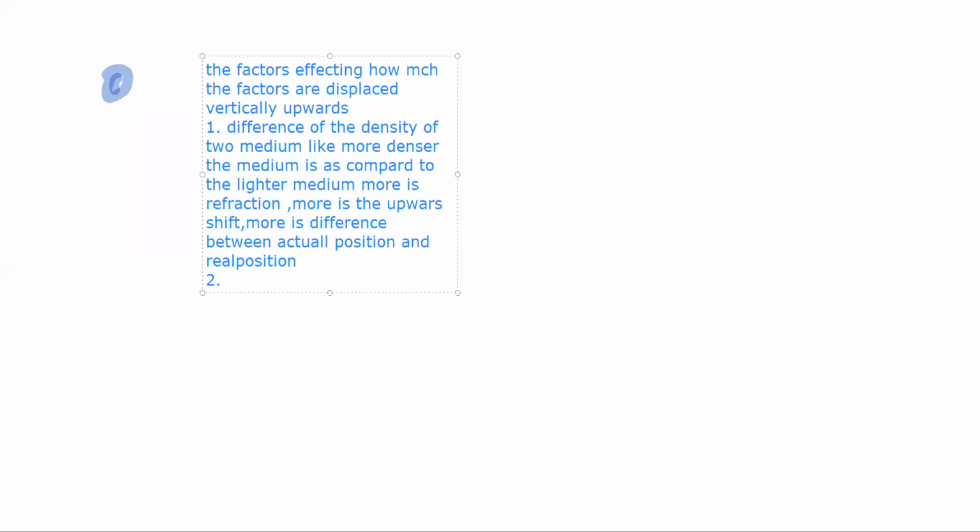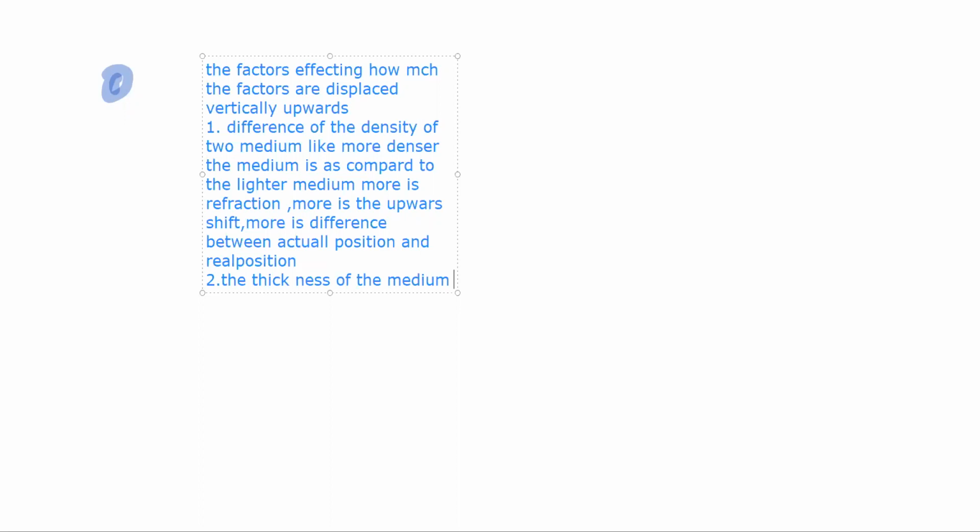The second point, the thickness of the medium. We can show this geometrically that whenever we get more thickness of denser medium, more deeper the water surface, more deeper the water body, more deeper the glass object, more is the upward shift. The thickness of the medium, right?